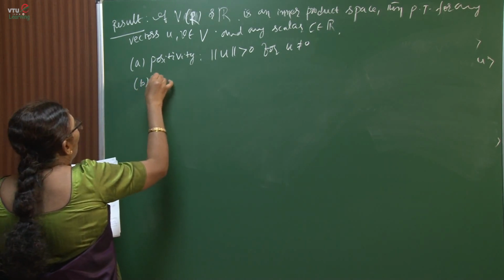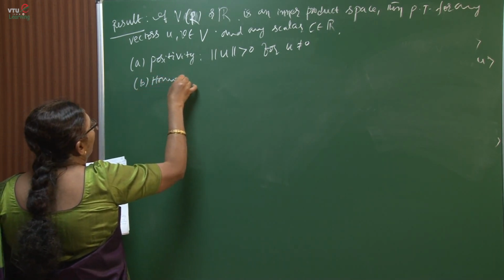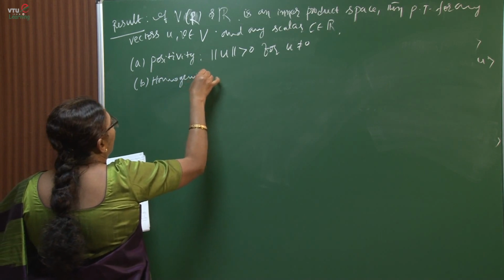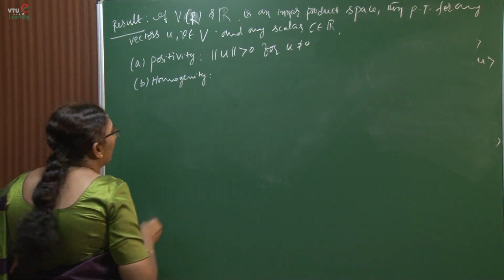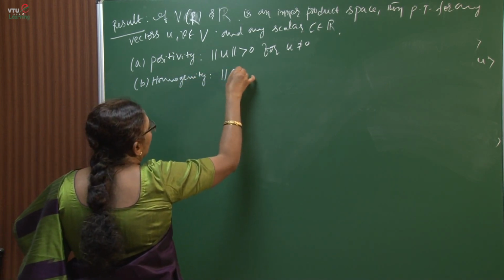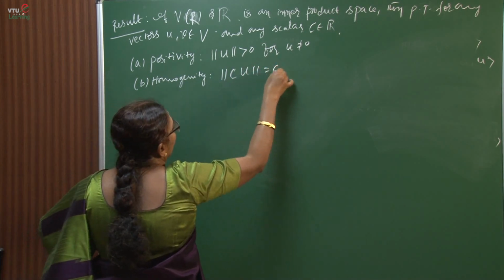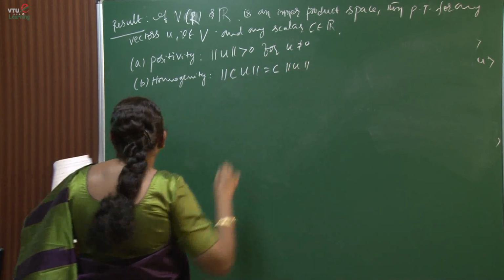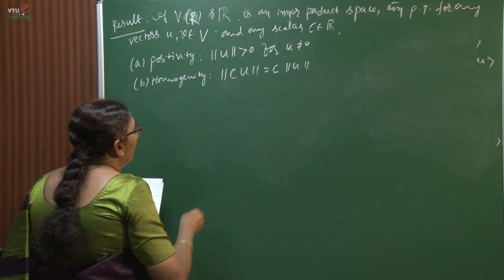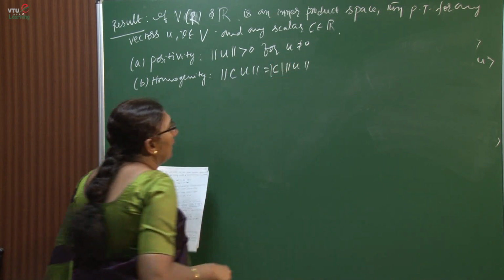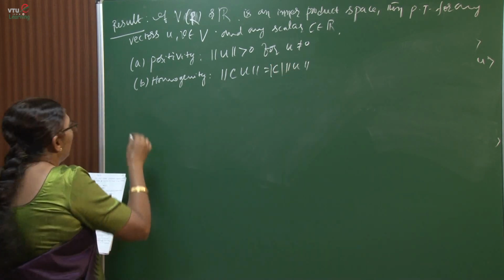Second one, homogeneity: the norm of c into u is nothing but the absolute value of c into the norm of u. While taking this, we have taken the absolute value of c.